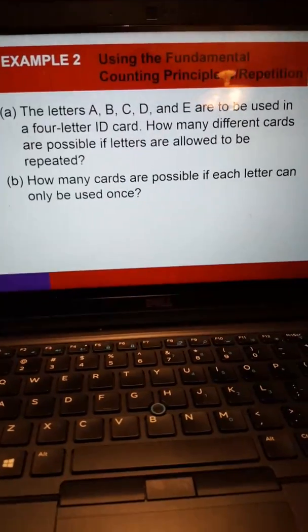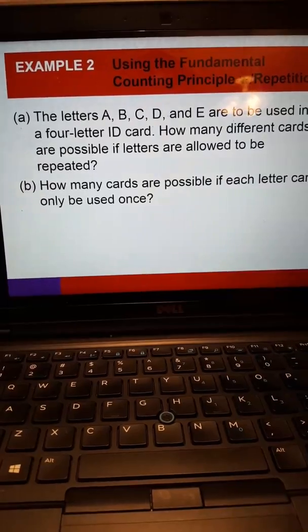So we're back to our problem. Let's just do a card. Let's make our own ID card if I can open a marker. Okay, so with our ID card, got a little person in the corner.